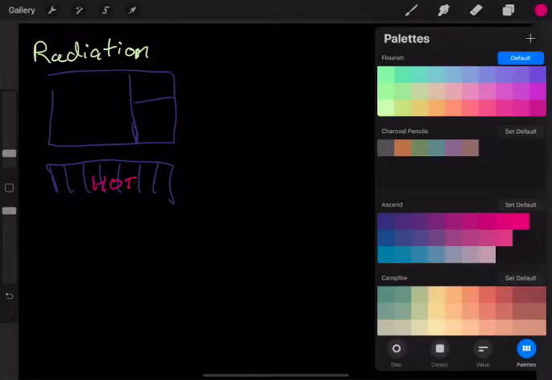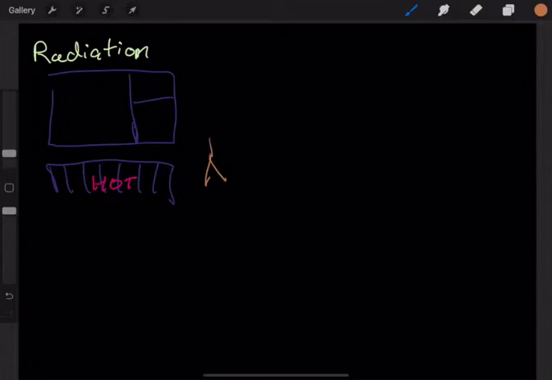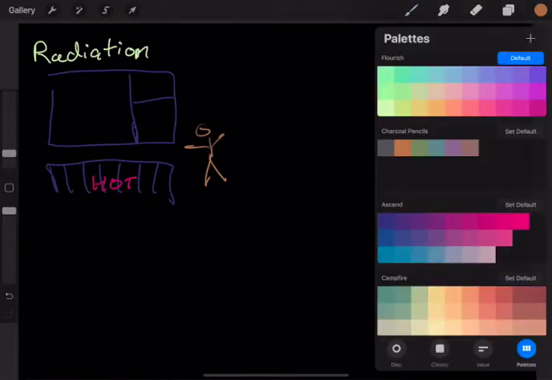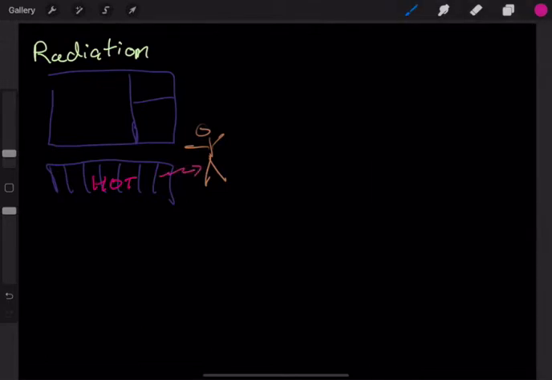And then you're just standing near it, and you're not touching it, but you can feel the heat coming off of the radiator. It's radiating, right? The radiator is radiating. You're not touching it, but the heat is affecting you. It's radiating into the room.